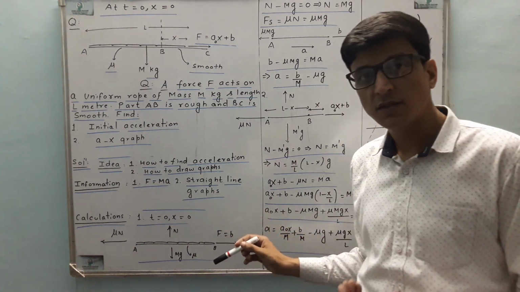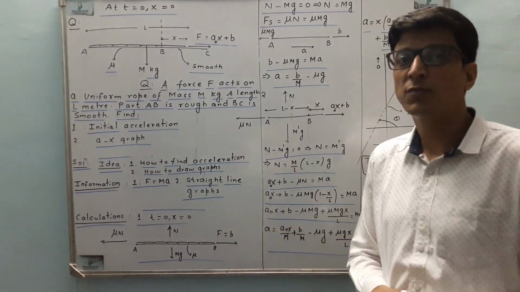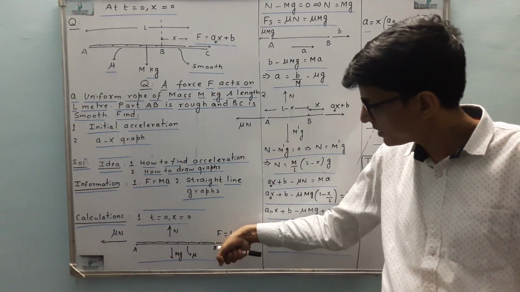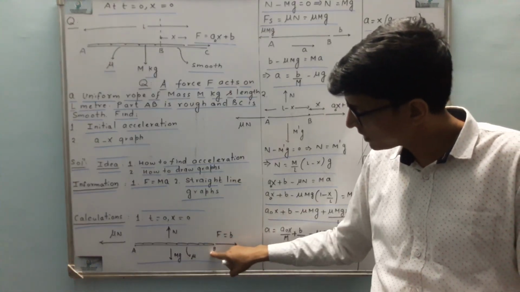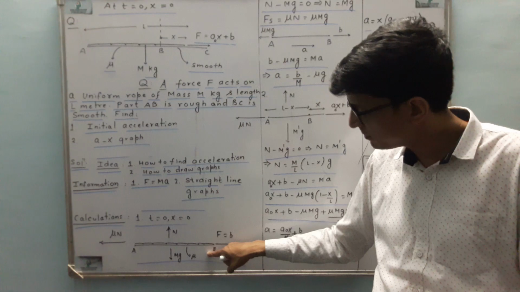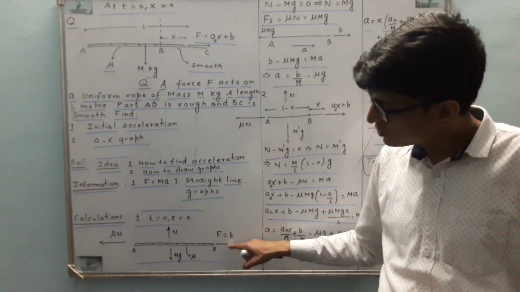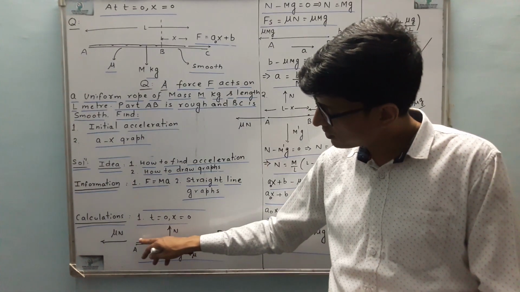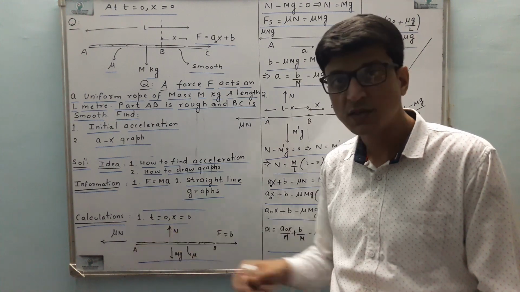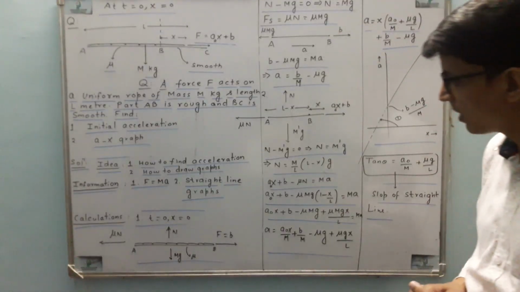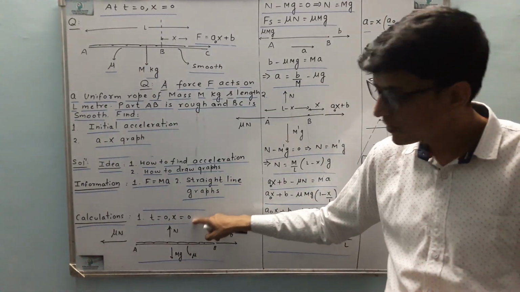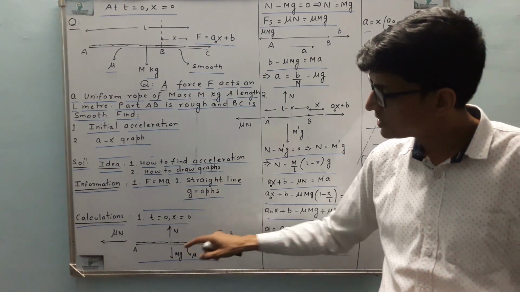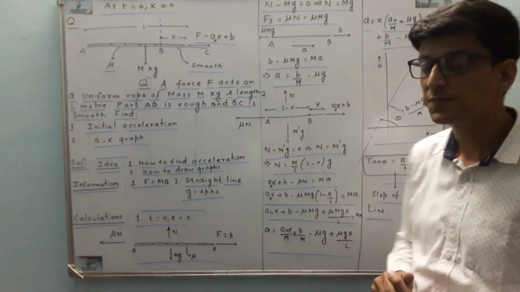I assume that the force is sufficient to make the rope move. So this force will try to make the rope move towards right. So friction by this surface on the rope will act towards left. The normal reaction will be vertically upward and the weight mg will be vertically downward.